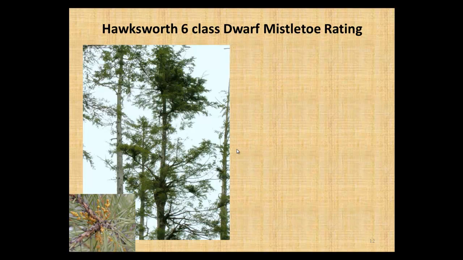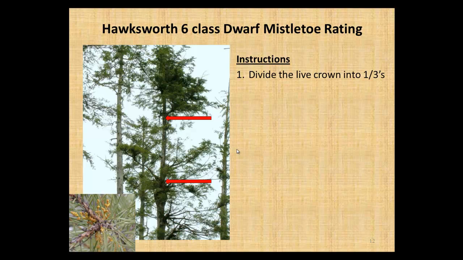And if you're not familiar with the Hawksworth rating, it's a class system of rating mistletoe within the crown, and I'll just go through the steps here and how to do it. So you divide the crown in this nasty looking hemlock that I've got in the photo here, and that's actually a mistletoe on a pine, but I didn't have a close-up of hemlock mistletoe, so you get the idea.